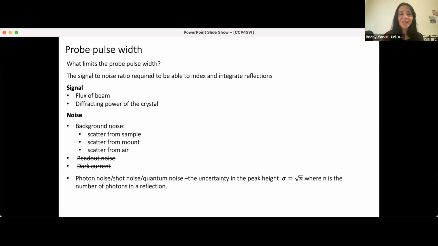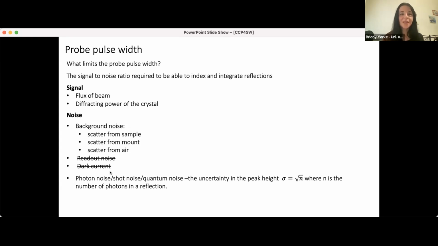The noise in our background, some is completely unavoidable. We can't avoid scatter from the sample. There's loads and loads of solution water inside our crystals. We cannot avoid scatter from the solvent inside the crystals. The scatter from the mount and the scatter from the air we can try to optimize, but again, there's a limit to how much we can remove this background.